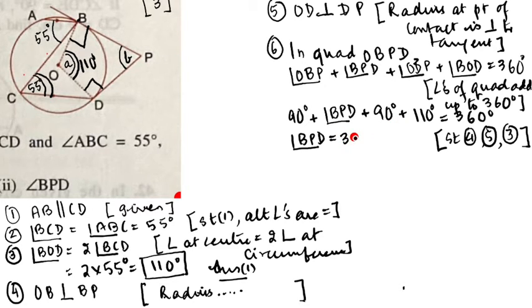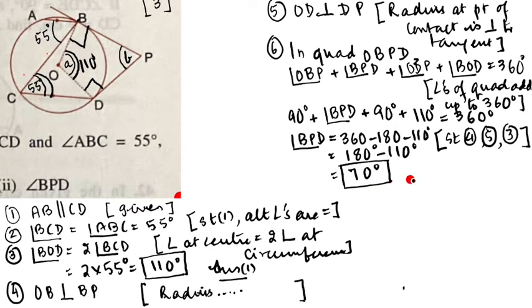It's easier for us to subtract 180 degrees minus 110 degrees, which is equal to 70 degrees. So that is your answer 2.